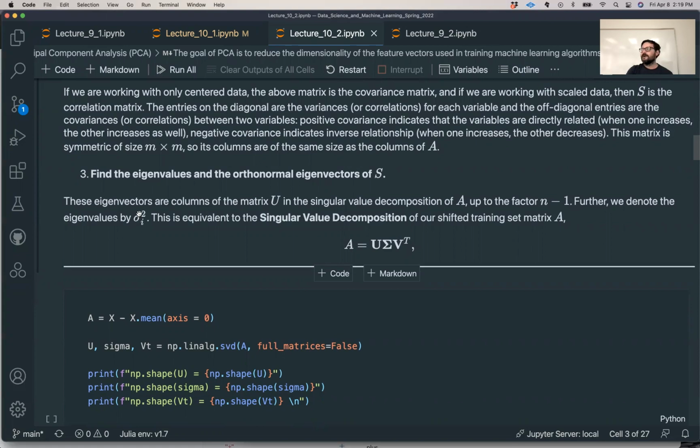These are called the singular values, and they're listed in decreasing order. The highest singular value is in the 1,1 entry, the next highest is in the 2,2 entry, and it just goes down. These singular values basically tell us how much this matrix will stretch vectors when multiplied by them.